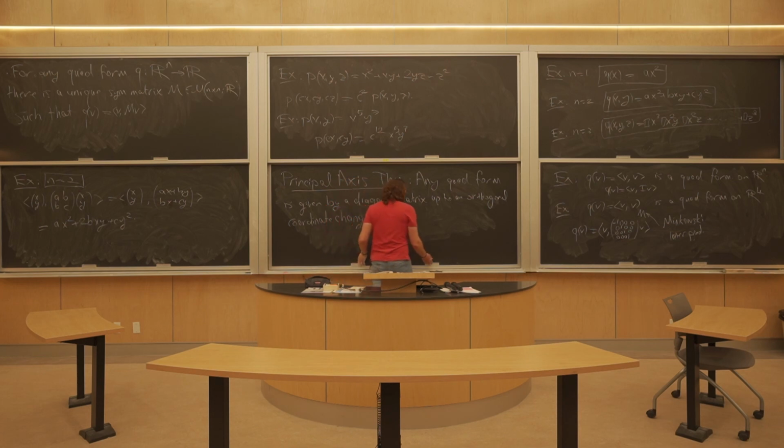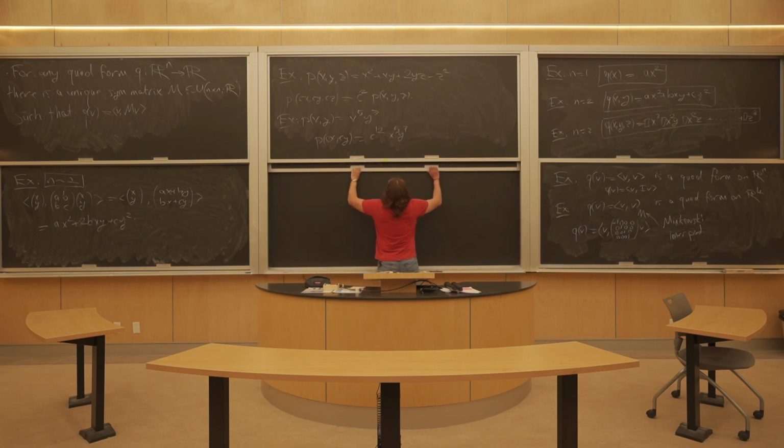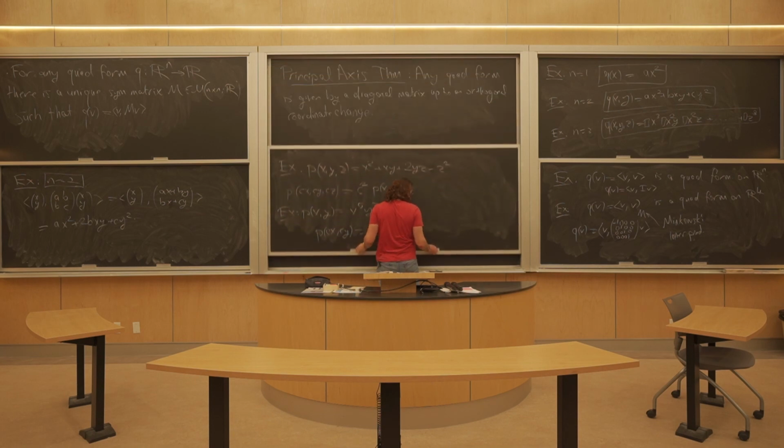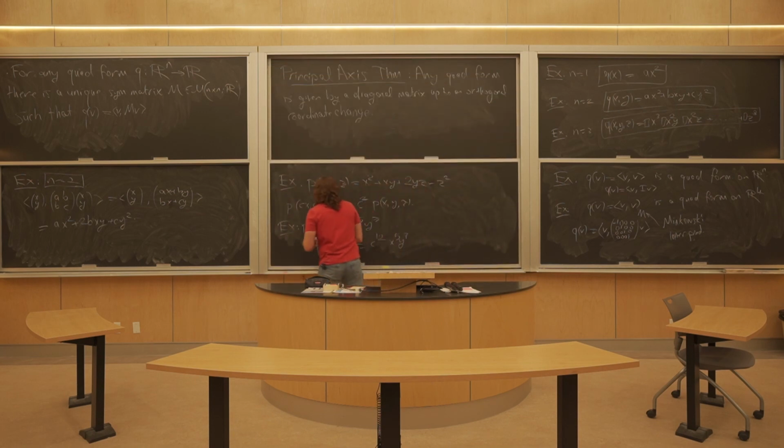And here's what I mean by this. Let's say that the matrix that defines a quadratic form is A. So this really is this.